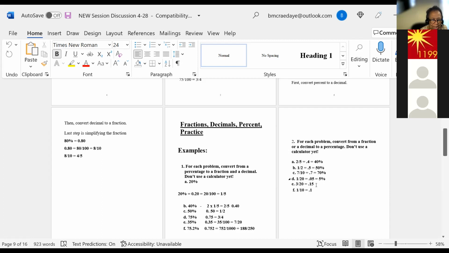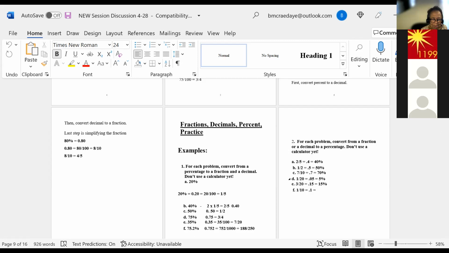So 0.15 becomes what as a percent, Mercedes? 15%. That's it, 15%. All right, now you got one more. 0.1, what would that be as a percent? 1%? No, that's only moving it one place.